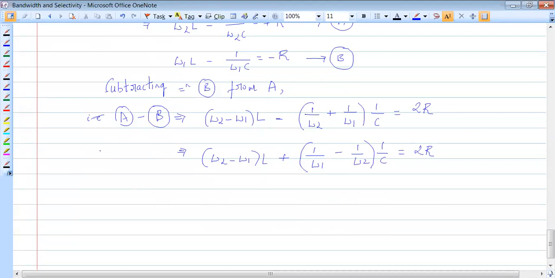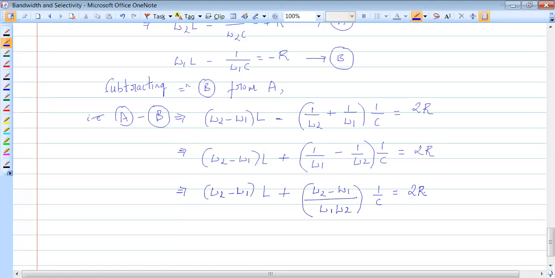Now, further, omega 2 minus omega 1 times L. After taking the LCM, how would it look? It's omega 2 minus omega 1 divided by omega 1 omega 2, times 1 by C, and you have 2R on the right hand side.